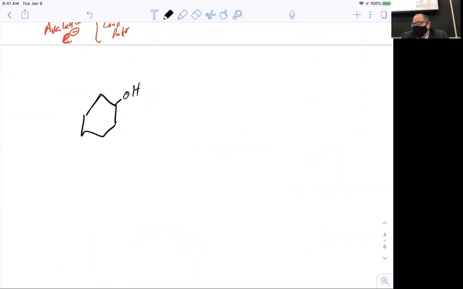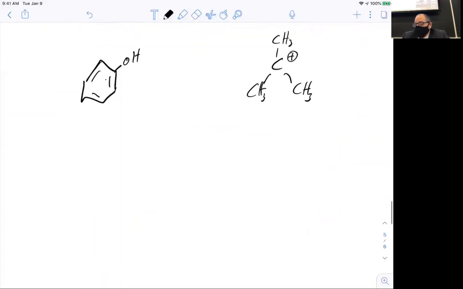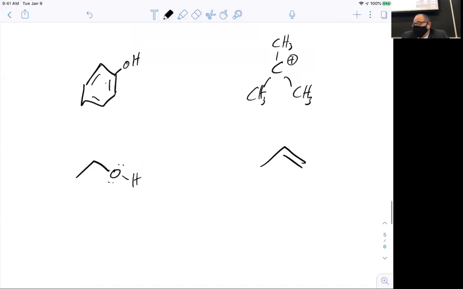Tell me if this is an Arrhenius acid, a Bronsted-Lowry acid-base, or a Lewis acid-base. So think about those definitions and let's take about a minute.